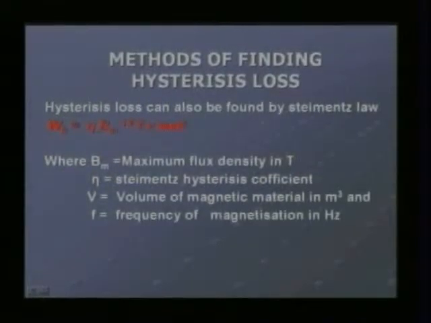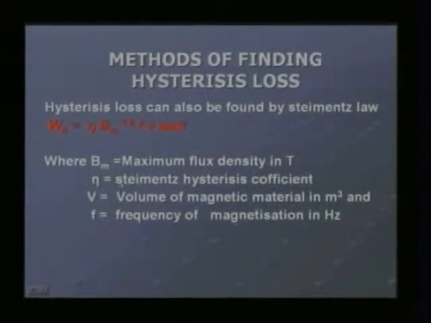In the second method, hysteresis loss can be found by Steinmetz's law, that is given by WH is equal to eta Bm to the power of 1.6 F V watts, where Bm is the maximum flux density in the core material and its units are Tesla.